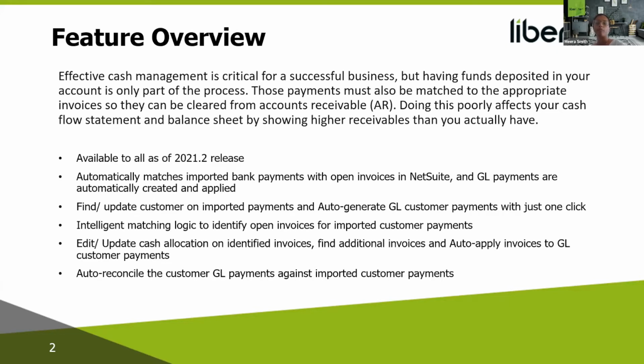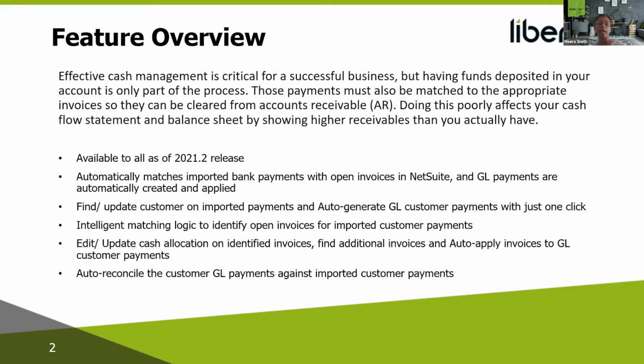So automatic cash application reduces the amount of time that you need to spend on the bank rec, which means you can actually do it more regularly and therefore have a more up-to-date cash flow statement and more up-to-date balance sheet as well. So this feature, like I said before, is available to all and it was released in our last 2021.2 release.